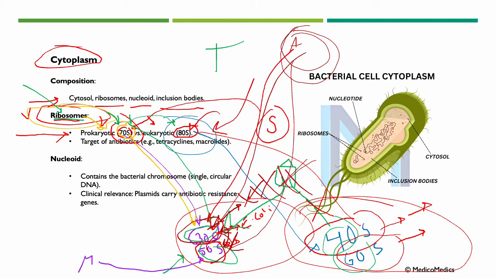No, actually scratch that, we just committed the same error again. The macrolides bind to 50S, that's correct, but they prevent the elongation of the protein chain. The other group is chloramphenicol. It inhibits the 50S subunit of bacterial ribosomes, preventing the formation of peptide bonds during protein synthesis.